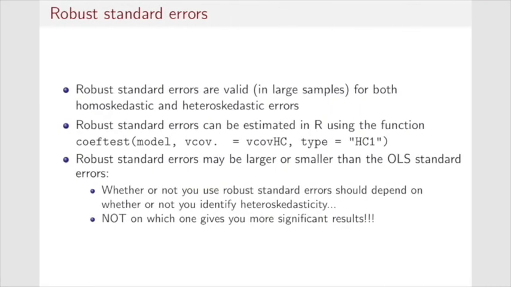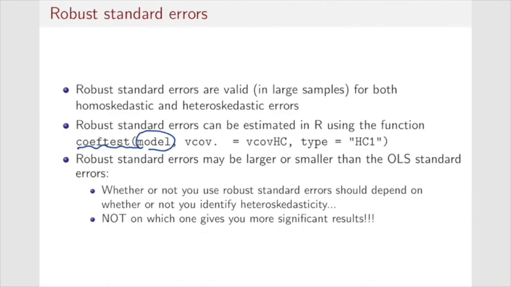In R, we can use the function coeftest to get the robust standard errors for the OLS model. The robust standard errors may be larger or smaller than the OLS standard errors. It means it can make the t-statistics larger or smaller compared to the OLS ones.